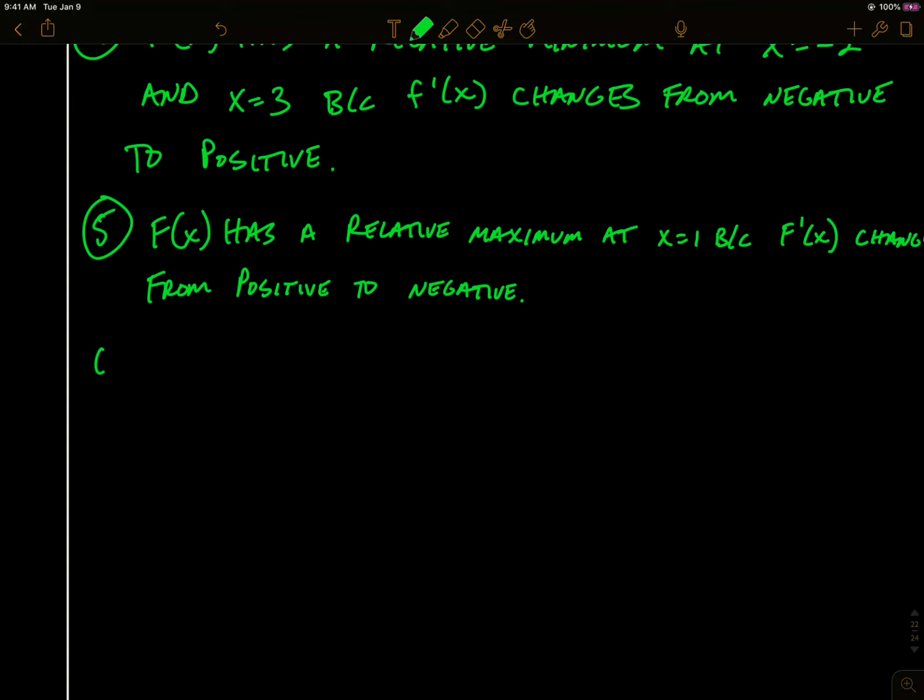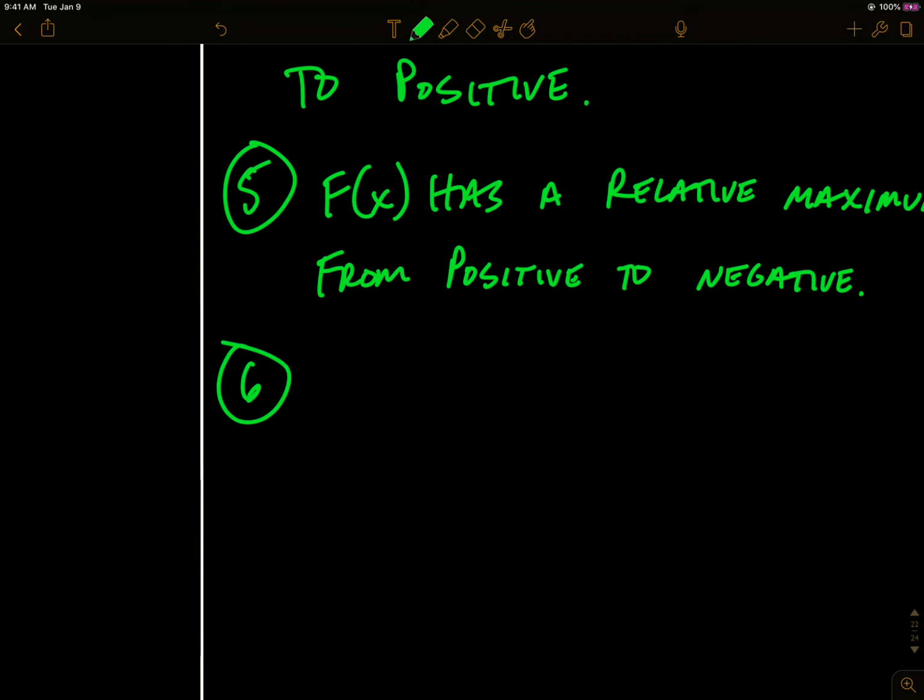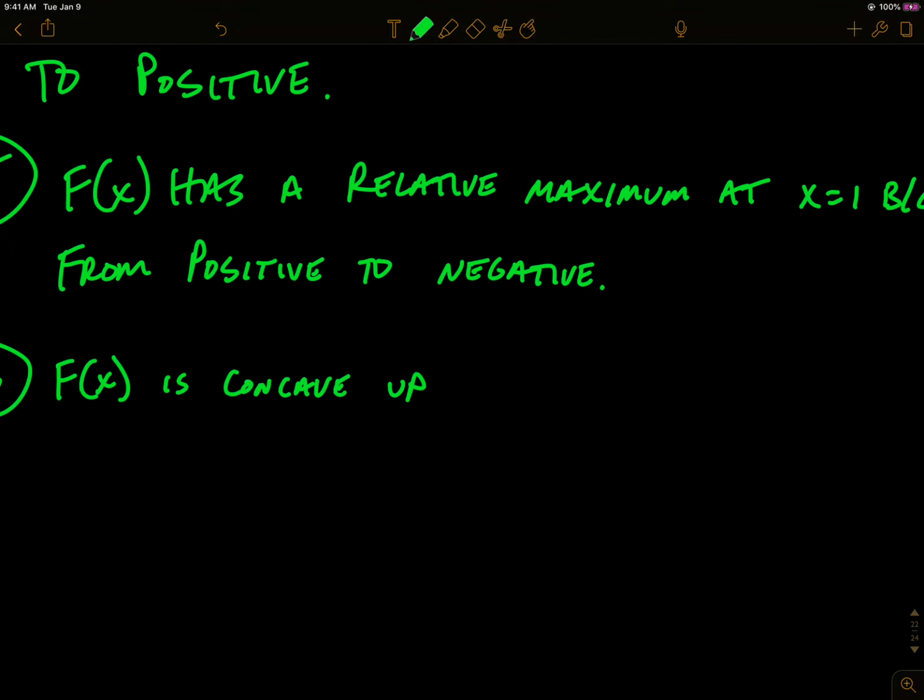Number 6. We know that f of x is concave up on the interval -infinity to -1 union 2 to infinity.